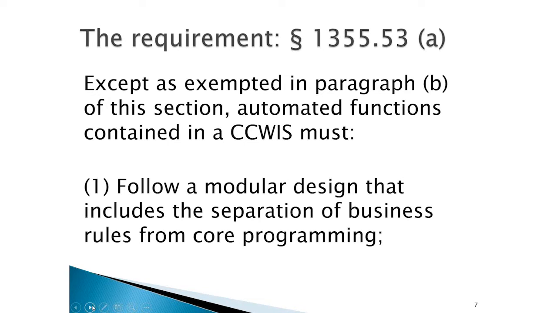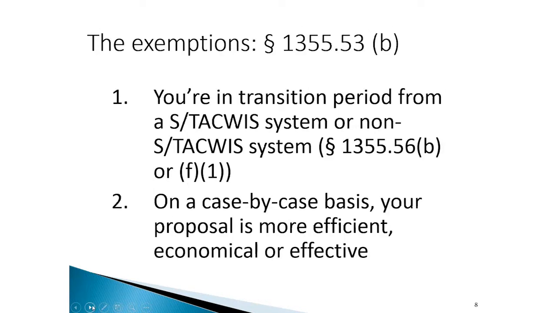What we'll do today is talk a little bit about what that means and the implications for the design of CCWIS systems. On the next slide, you've basically got two types of exemption in 1355.53(b).